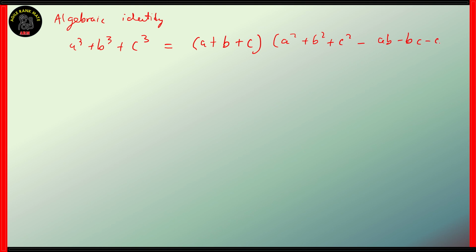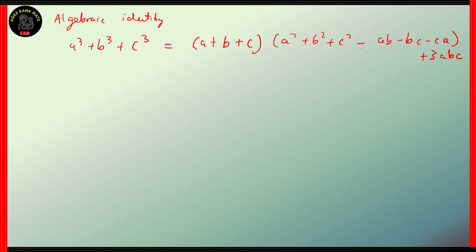here is A cube plus B cube plus C cube. Now, its expansion is actually A plus B plus C times A squared plus B squared plus C squared minus AB minus BC minus CA, plus 3ABC.